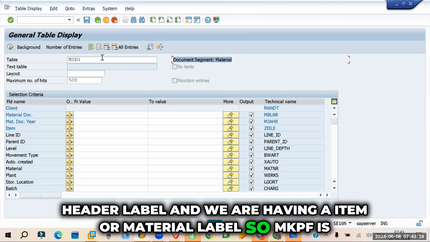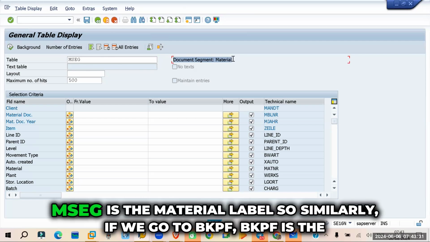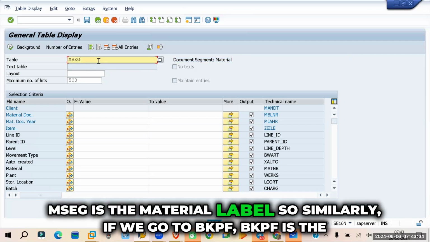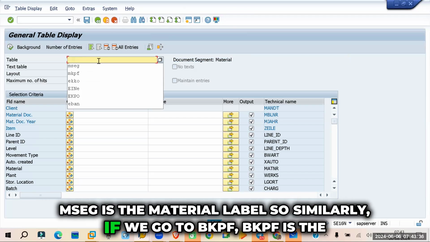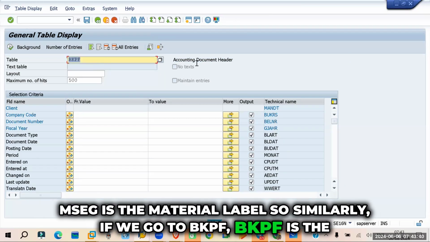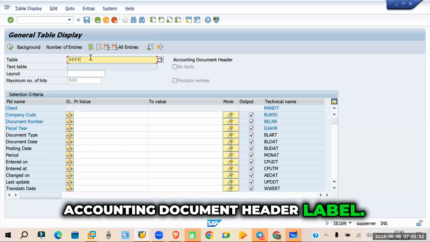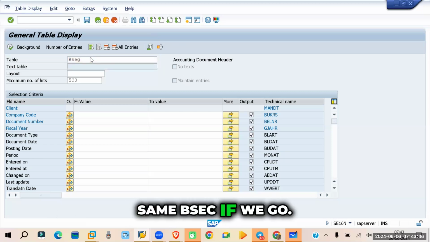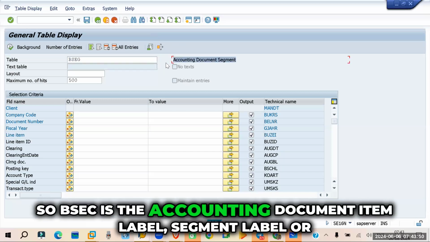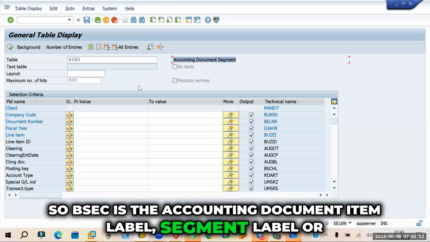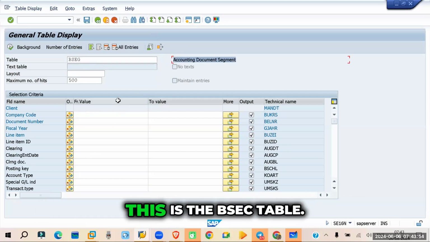So MKPF is the header level, and MSEG is the material level. Similarly, BKPF is the accounting document header level. Same with BSEG, it is the accounting document item level, or segment level. This is the BSEG table. So these are the tables.